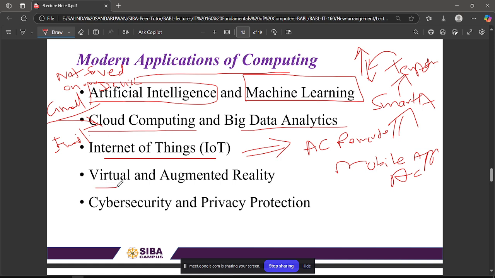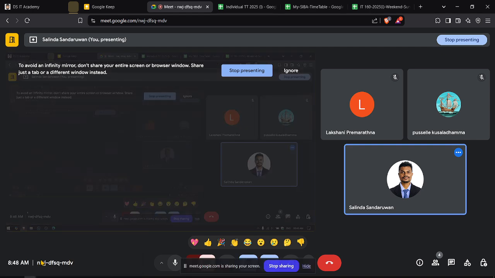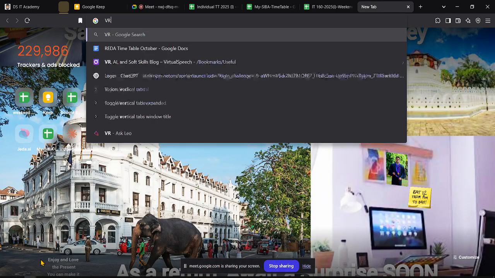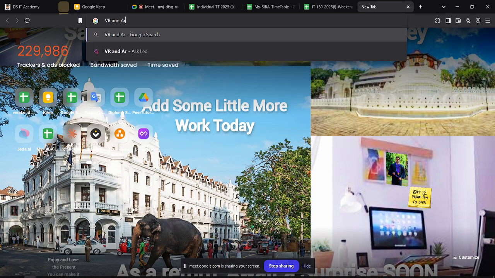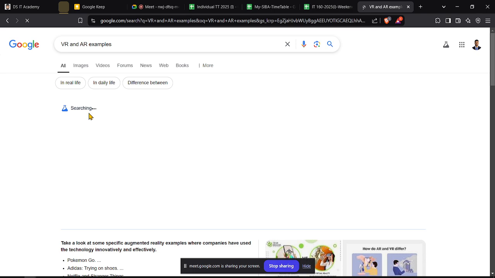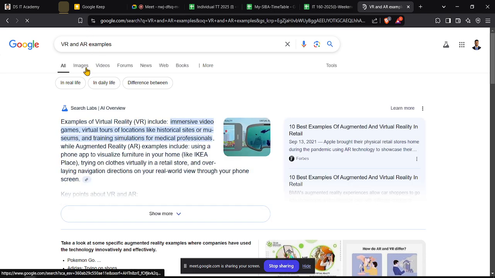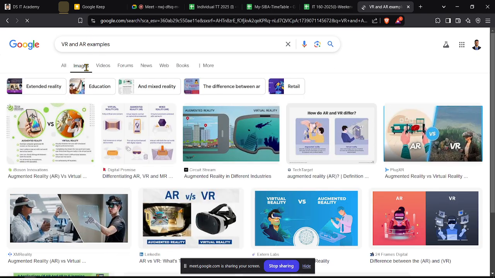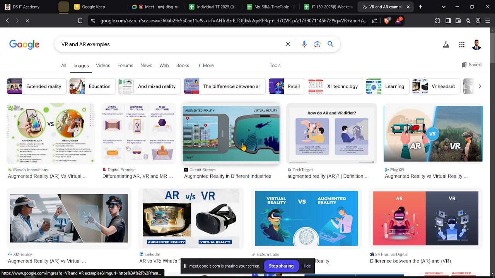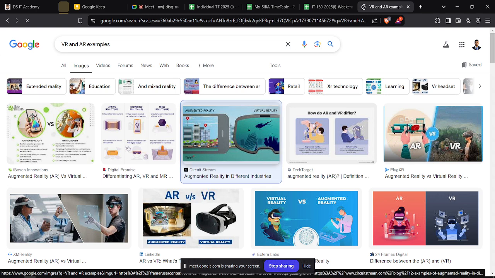And what about virtual and augmented reality? Let me show you virtual and augmented reality. We call them VR and AR examples. To experience virtual reality, you should use a headset, right?